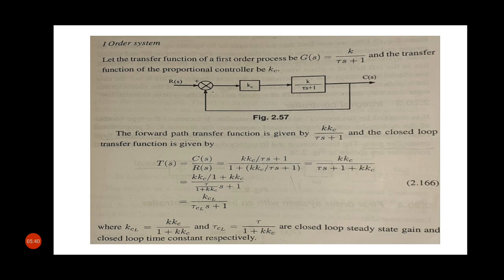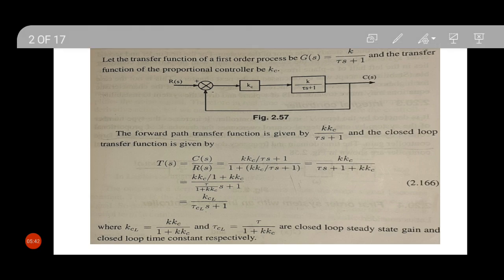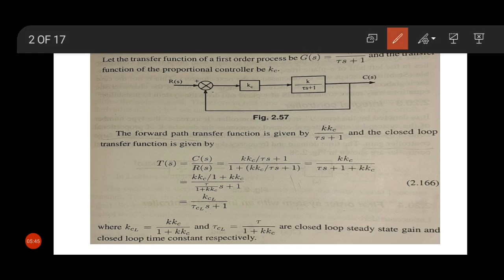Okay, so after simplifying this equation, we can write this. Here, see, we put Kcl equal to K Kc divided by 1 plus K Kc, and tau cl equal to tau by 1 plus K Kc, and these are the closed loop steady state gain and closed loop time constant respectively.